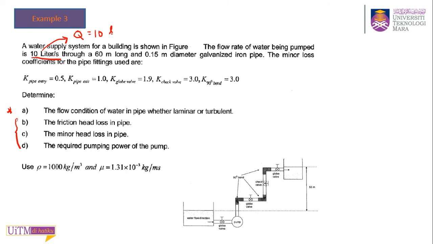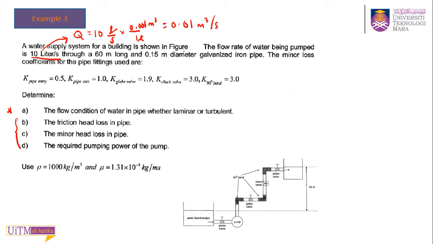Because they give you liter per second, you always need to change that to meter cube per second. One liter is equal to 0.001 meter cube, so 10 times 0.001 equals 0.01 meter cube per second.